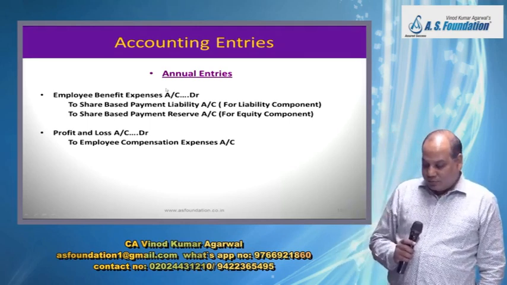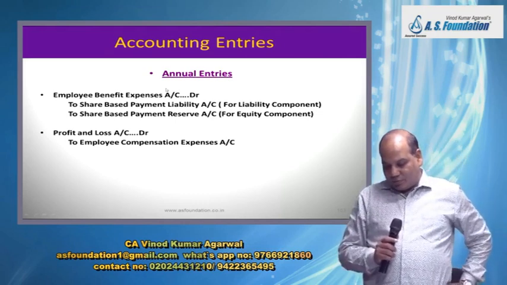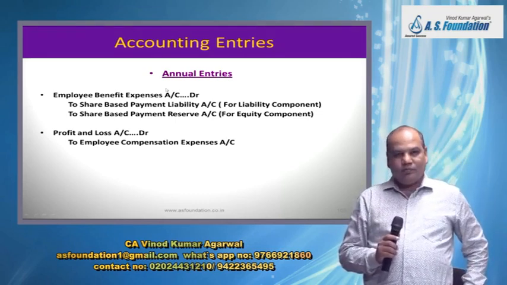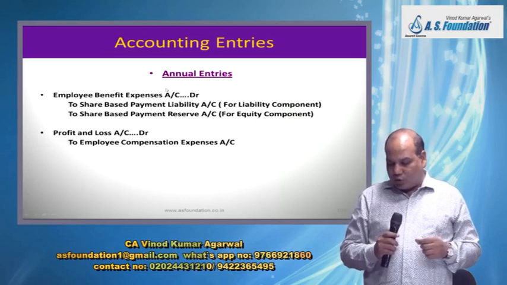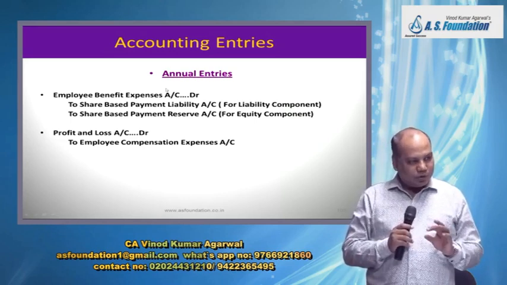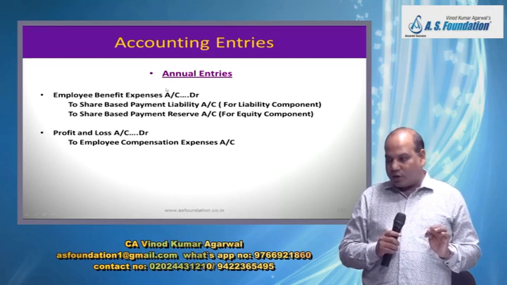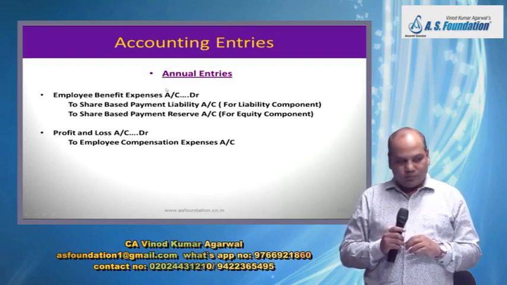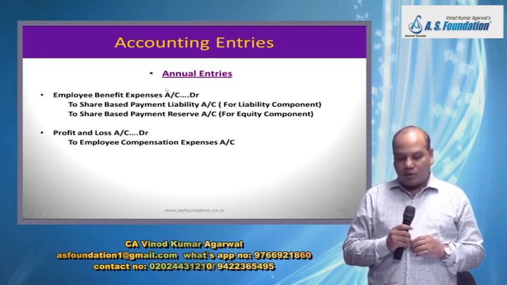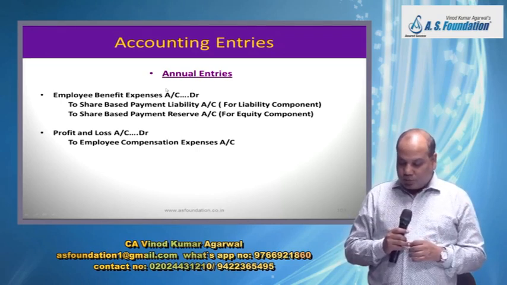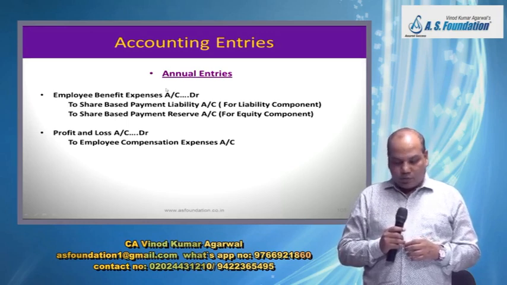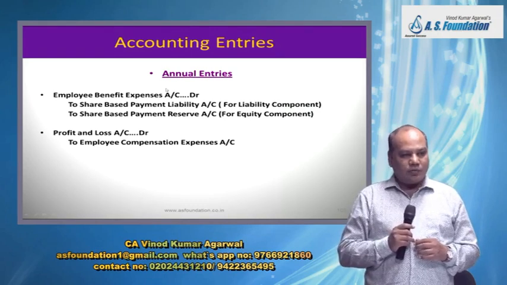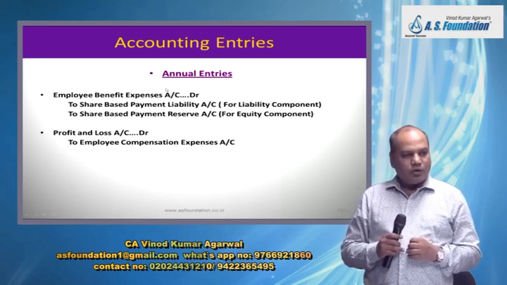Then under that write down annual entries. Annual entries means suppose it's a 3-year problem, then these 2 entries you repeat for 3 years first. Every year you'll write this entry: employee benefit expense account debit to share based payment liability account for liability component, to share based payment reserve account for equity component.